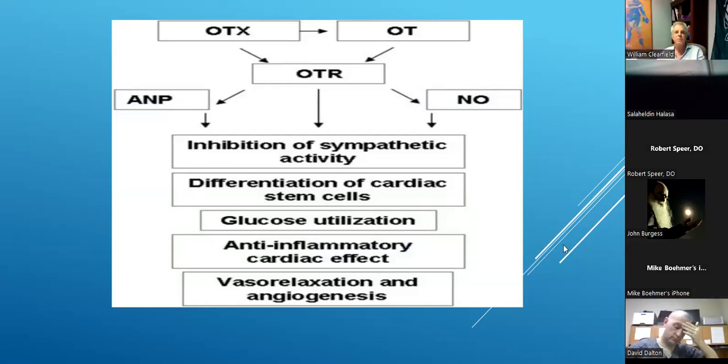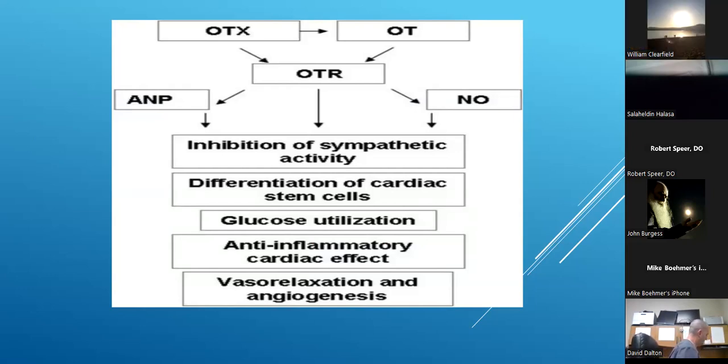Okay, good. And so we know that oxytocin does increase nitric oxide, which means that it helps to increase the blood flow, right? And we also know oxytocin inhibits sympathetic overactivity and stimulates the parasympathetic, and that's what we need.